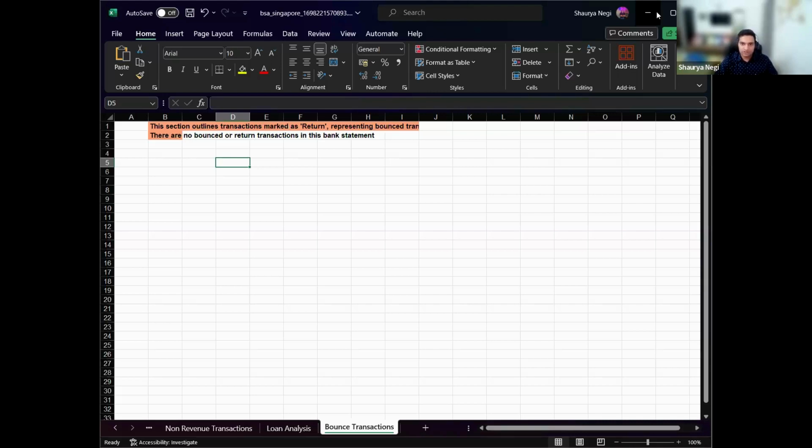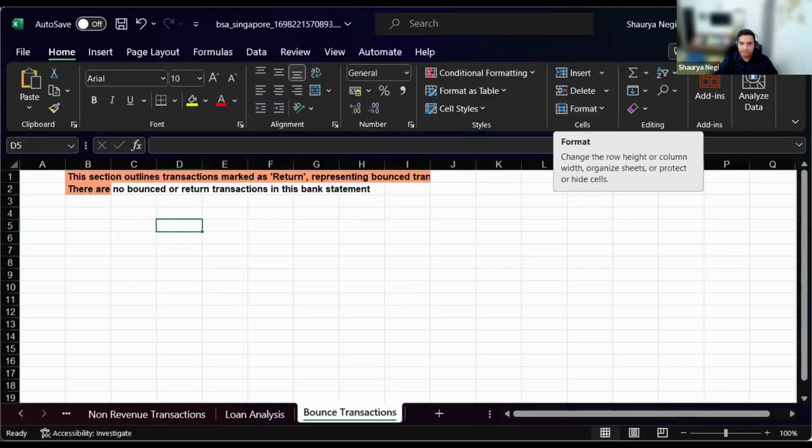There was a question requesting the output for the JSON format as well. So I'll quickly share that as well. Just a moment.